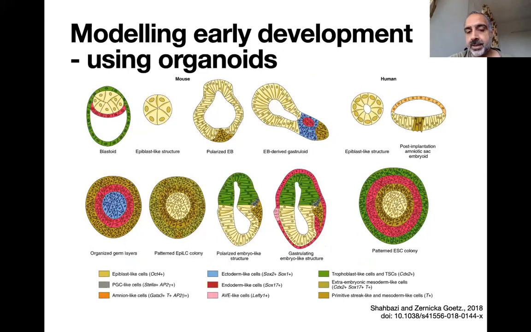What is now becoming more apparent is that using organoid systems, you can start modeling these stages of development, because you can steer human ES cell differentiation to an extent, culture it in a particular way, and it will start to self-organize into a patterned embryo.